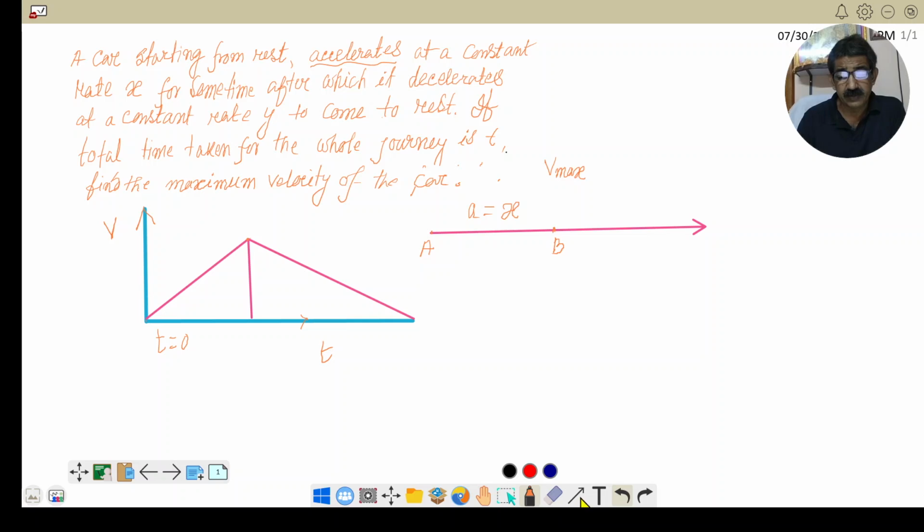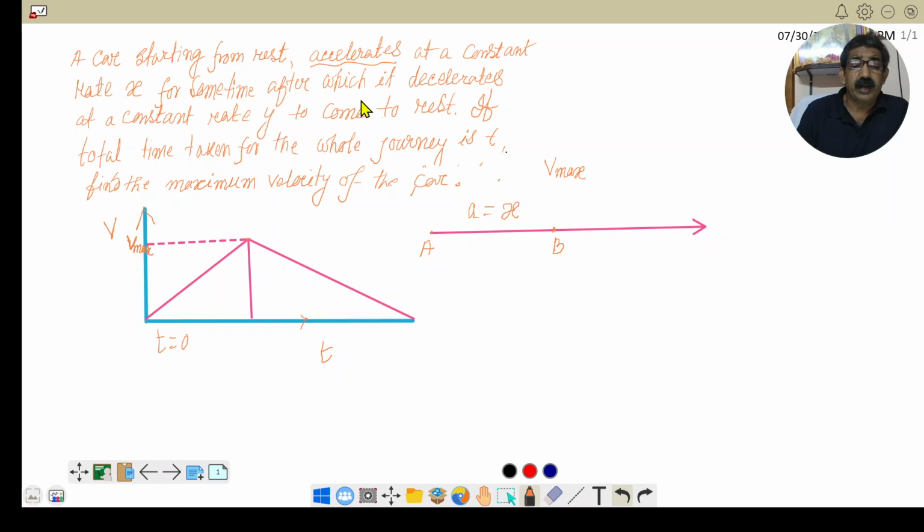If we show this in the graph, then the maximum velocity will be this. This is V max, V maximum.